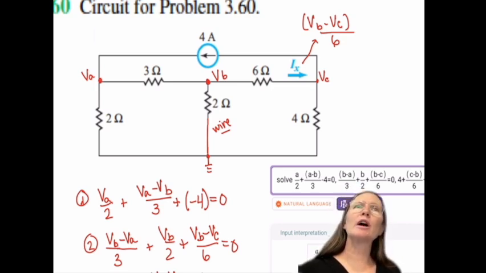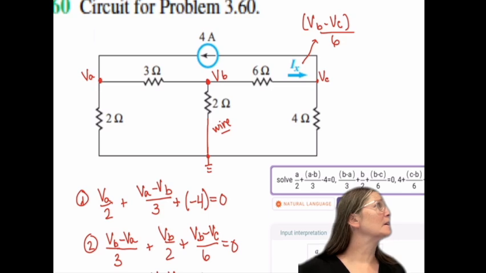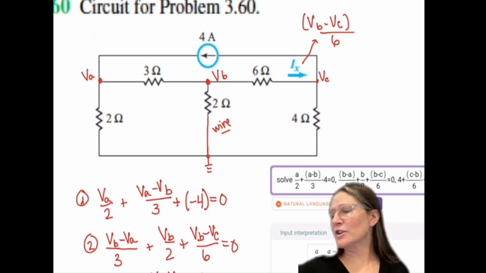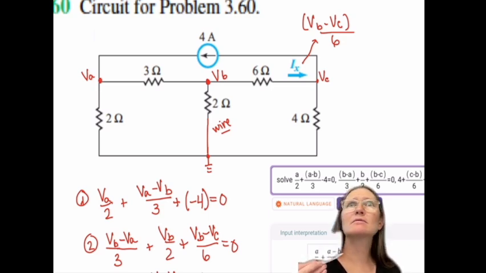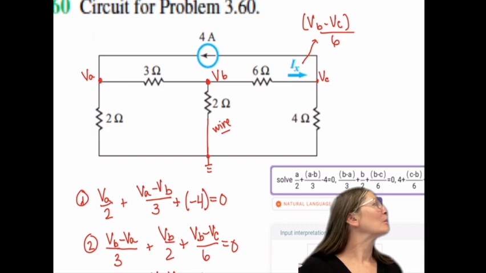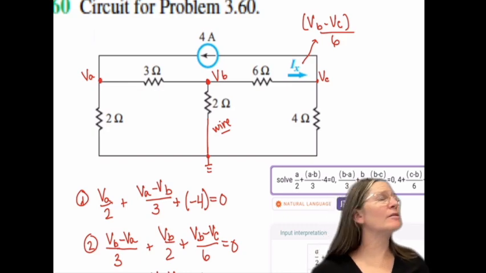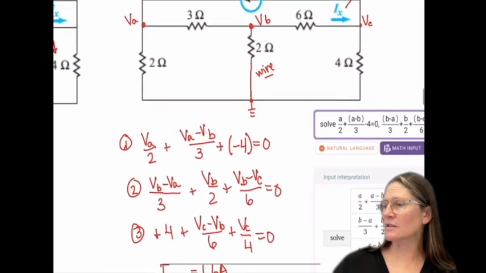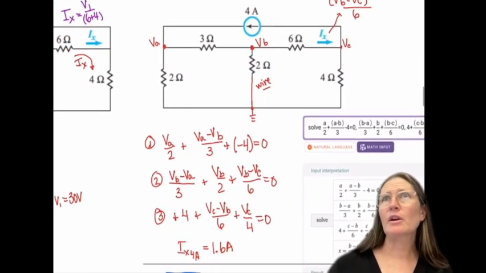So in this one, I have 3 nodes. I call them VA, VB, VC. And then IX in this case will be VB minus VC over 6. Any questions about that description of IX? So then I have 3 equations in this case to solve for this one.